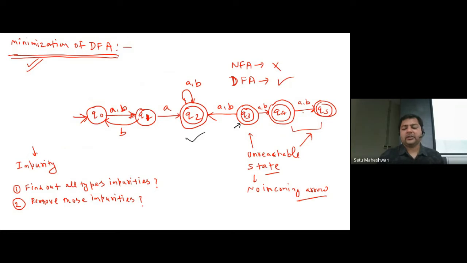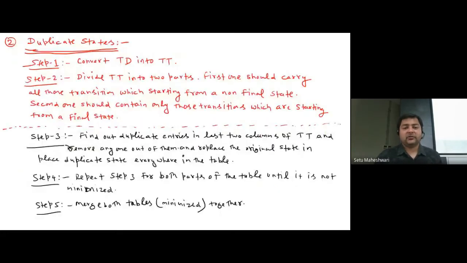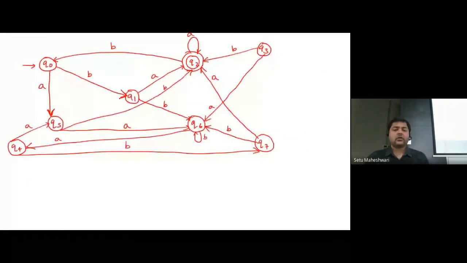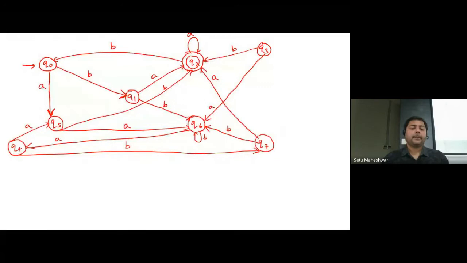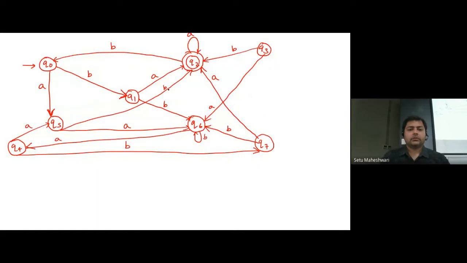A state is said to be unreachable if and only if there is no incoming arrow available to that state. In that case only you will say that the state is unreachable, right? Are you clear on this? Yes. So such a state is Q3.